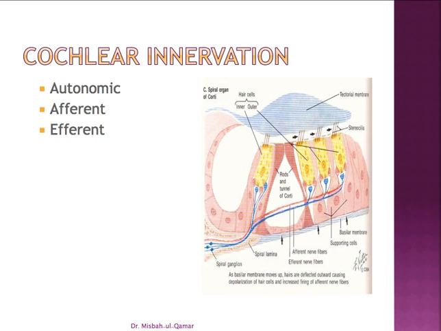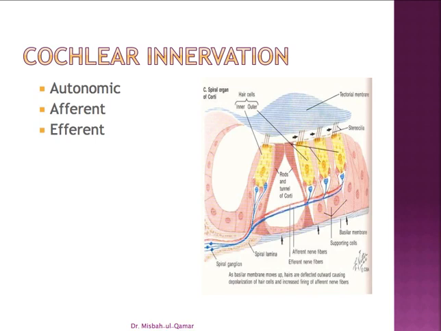Then there are efferent fibers also, which bring the orders or the information from the CNS back to the ear. And then there are autonomic fibers also. The autonomic nerve fibers do not appear to be present within the organ of Corti, but they are associated with the blood vessels and the nerve fibers of the modiolus and spiral lamina.